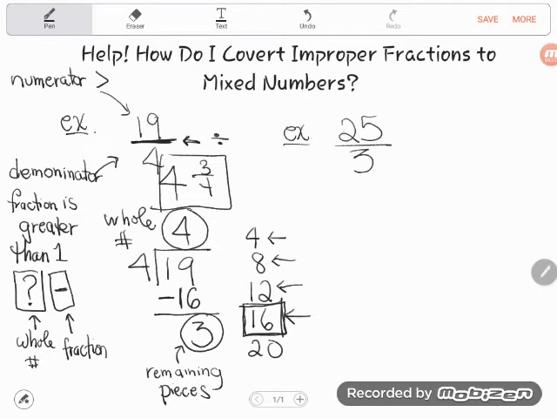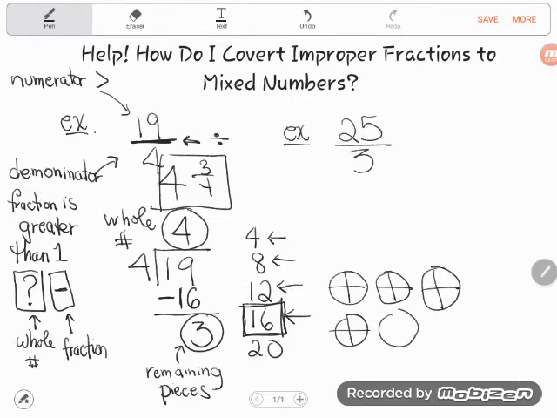Now, you can do it mathematically with division, or we could even do it as a picture. If I have 19 fourths, there's 4 fourths, 8 fourths, 12 fourths, 16 fourths, and then 17, 18, 19 fourths.